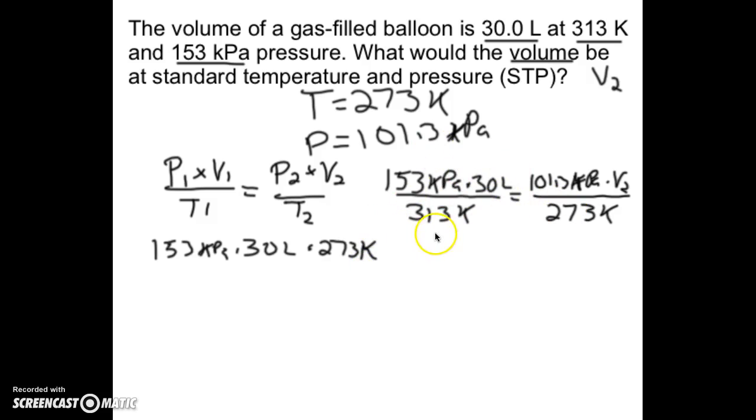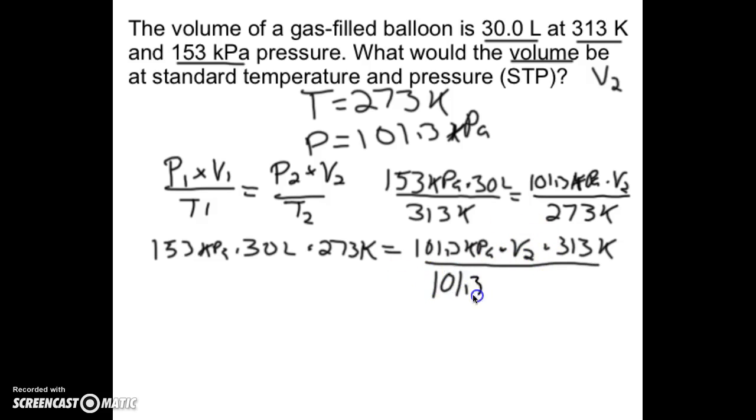That's when we cross multiply here, and that's equal to 101.3 kPa times V2 times 313 Kelvin.